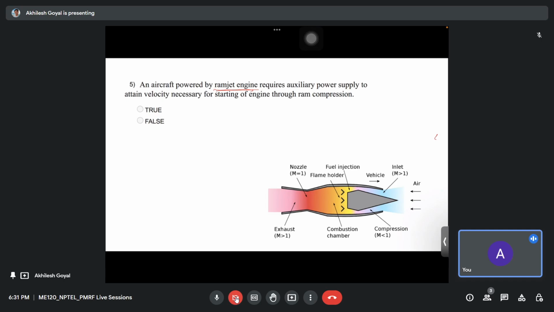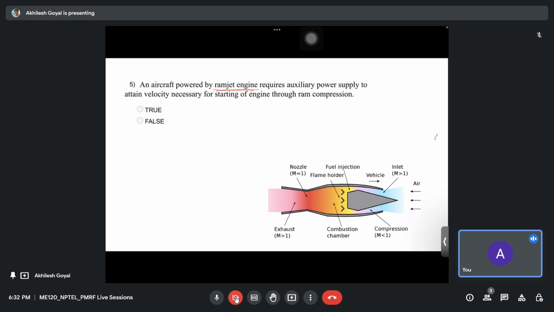Only then will it have that ramming effect of the incoming air that results in the working of ramjet engines.